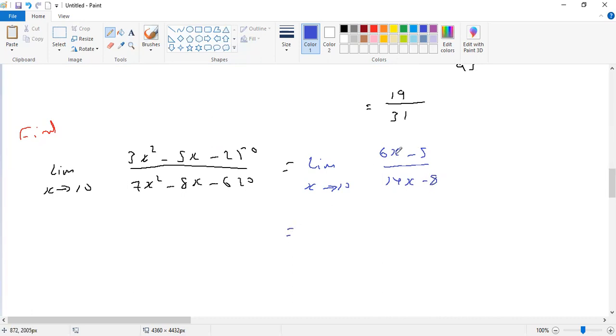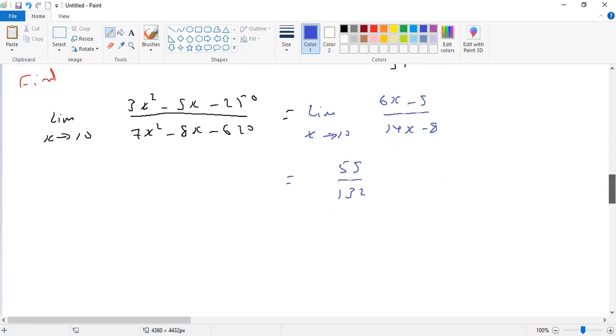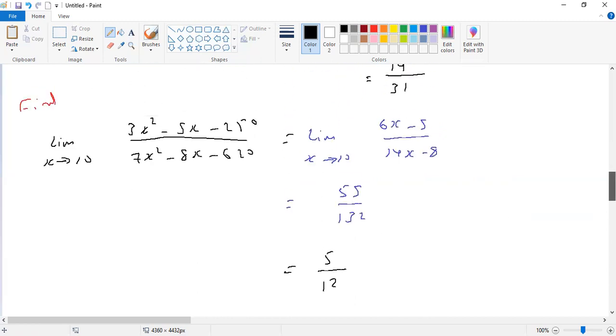So equal to, putting 10, 60 minus 5 is 55 over 140 minus 8, which is 132. But this also can be simplified. If we divide by 11, this will be 5 by 11, and 132 divided by 11 will be 12. So it will be 5 over 12. 5 over 12 is the answer.